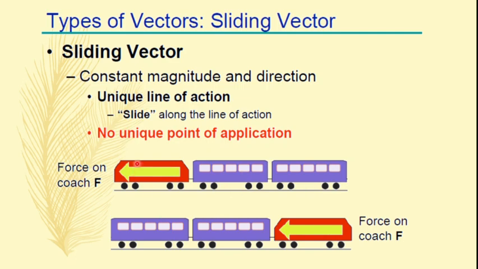Means if we draw a straight line from this point to this point, then we can apply force anywhere within this line of action. Okay, but here the point of application is not perfectly defined. That is why it is a sliding vector.